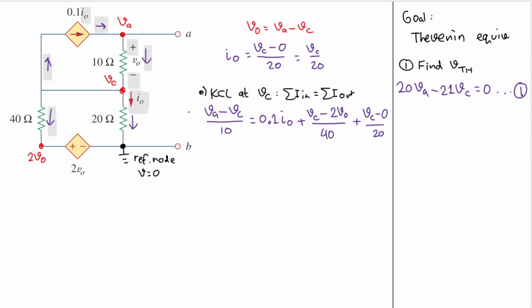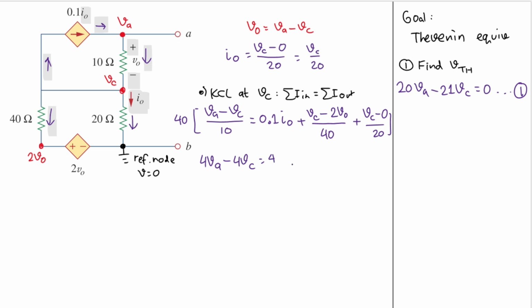Okay, let's multiply both sides by 40. 10 and 40 will cancel into 4. So I'll have 4 VA minus 4 VC. And 0.1 multiplied by 40 is 4, so we will have 4 IO.